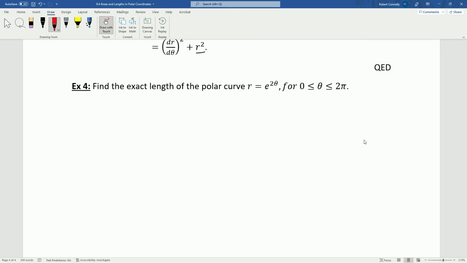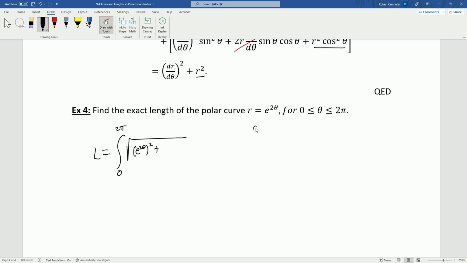So let's go ahead and apply that to example 4 here. Find the exact length of the polar curve r equals e to the 2 theta for theta between 0 and 2 pi. So we've got r squared plus (dr/d theta) squared, but the derivative of r with respect to theta is just e to the 2 theta times 2.